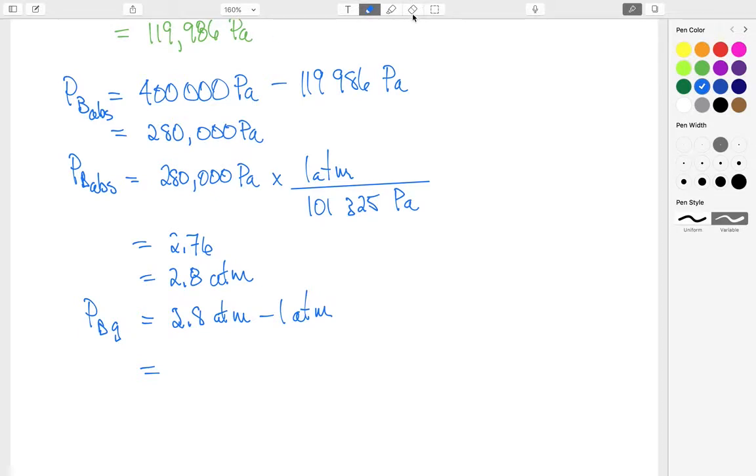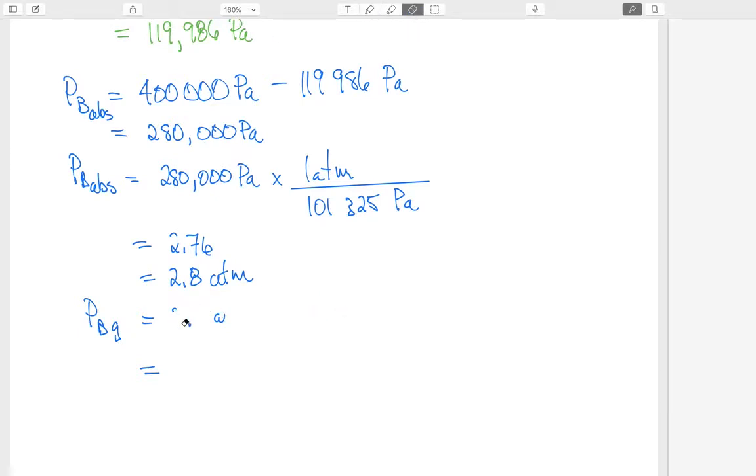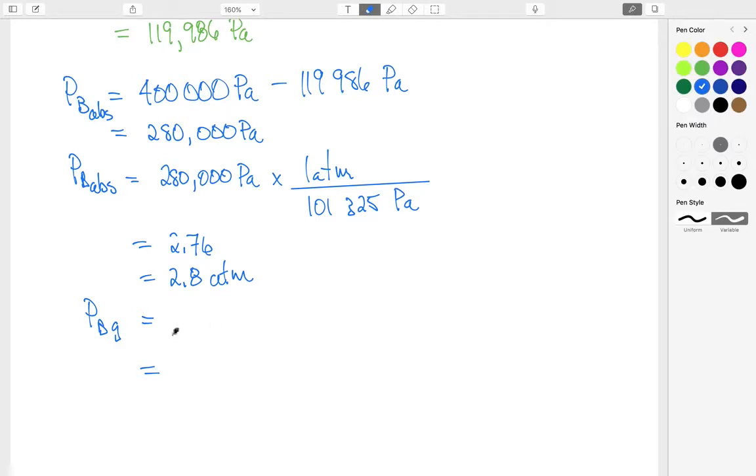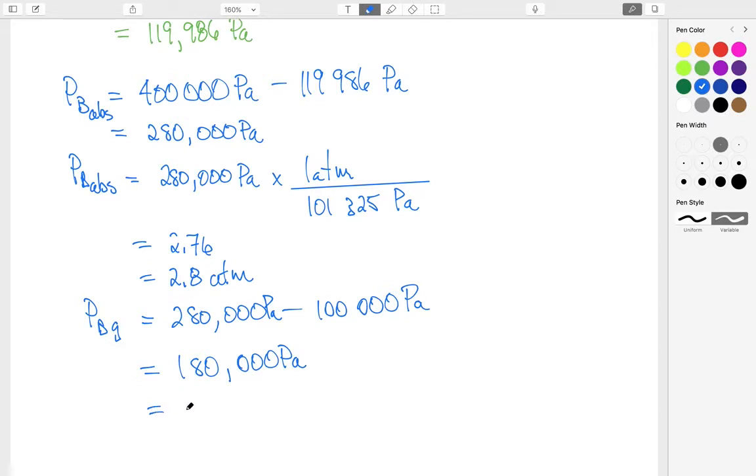So what we're going to do is take 280,000, and because it was 1 bar, the atmospheric pressure was 100,000 pascals. That was our 1 bar. So we've got 280,000 pascals less 100,000 pascals. We've got 180,000 pascals.